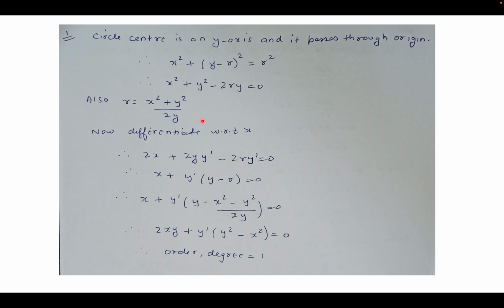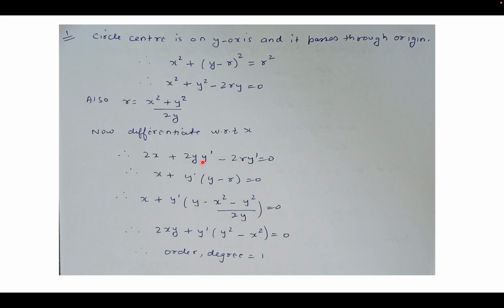Now you differentiate this equation with respect to x. When you differentiate it with respect to x, you get the derivative of x square as 2x, then the derivative of y square will be 2y y dash, where y is a dependent variable, and then you have minus 2r y dash is equal to 0, because the derivative of y will be dy by dx.